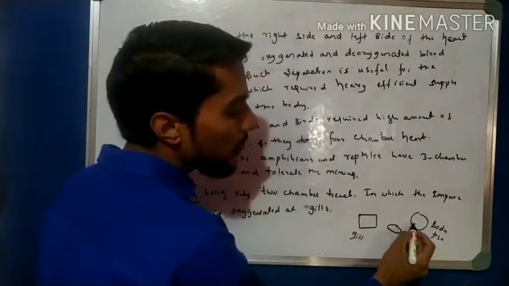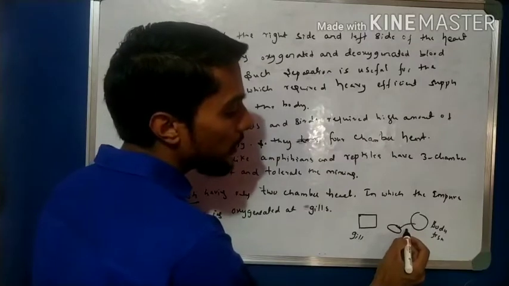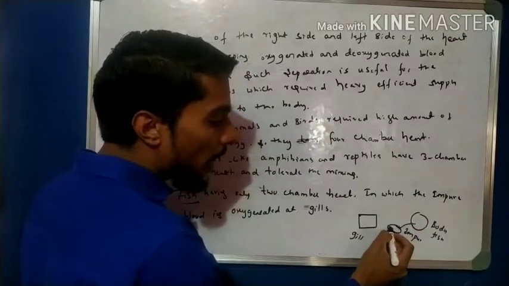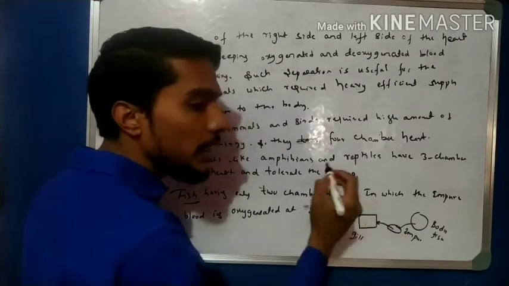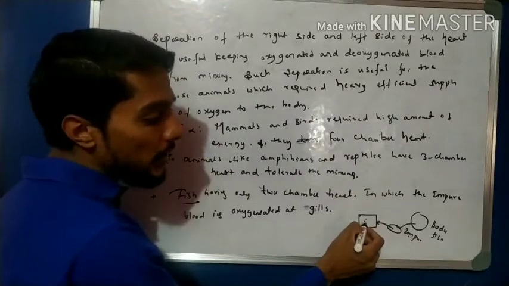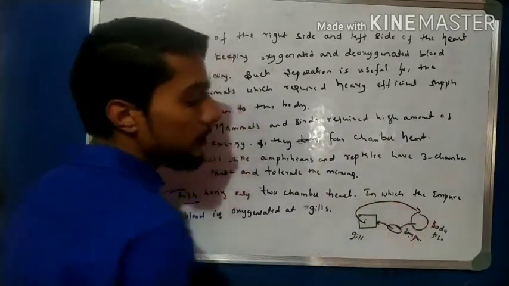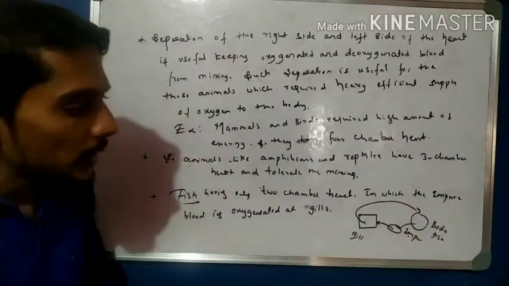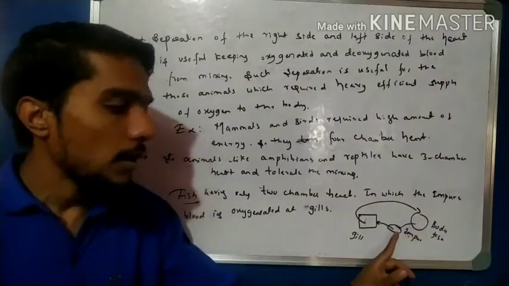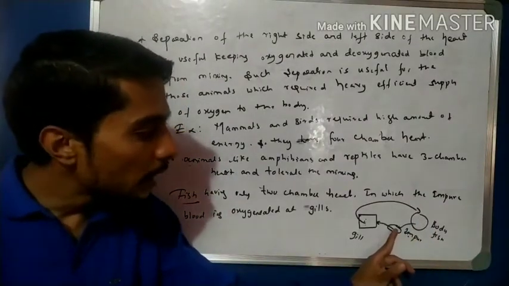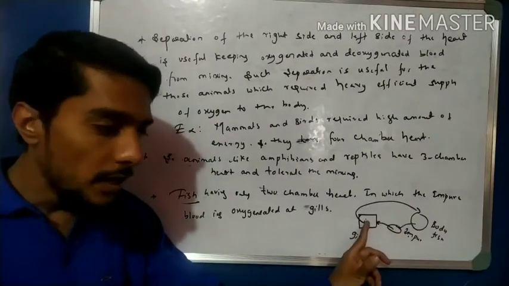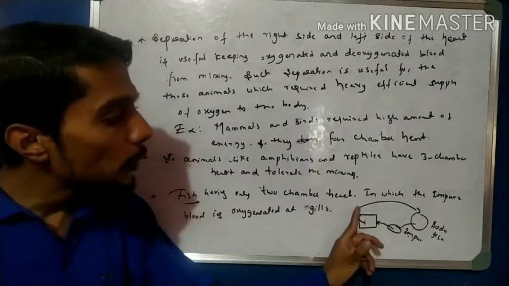Now the impure blood from the body comes to the heart, and the heart sends that impure blood through the gills, and that impure blood is oxygenated in the gills and supplied directly to the body, right? See here what happened. The body contains deoxygenated blood that is supplied to the heart, and the heart pumps the impure blood to the gills, and after oxygenation, the gills directly send the pure blood to the body.